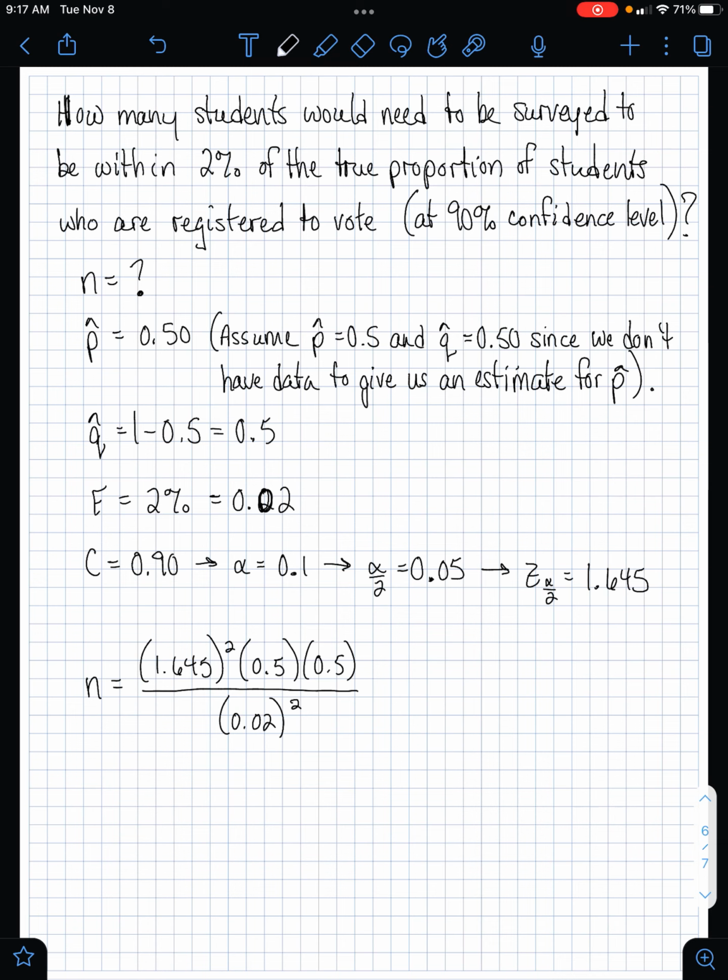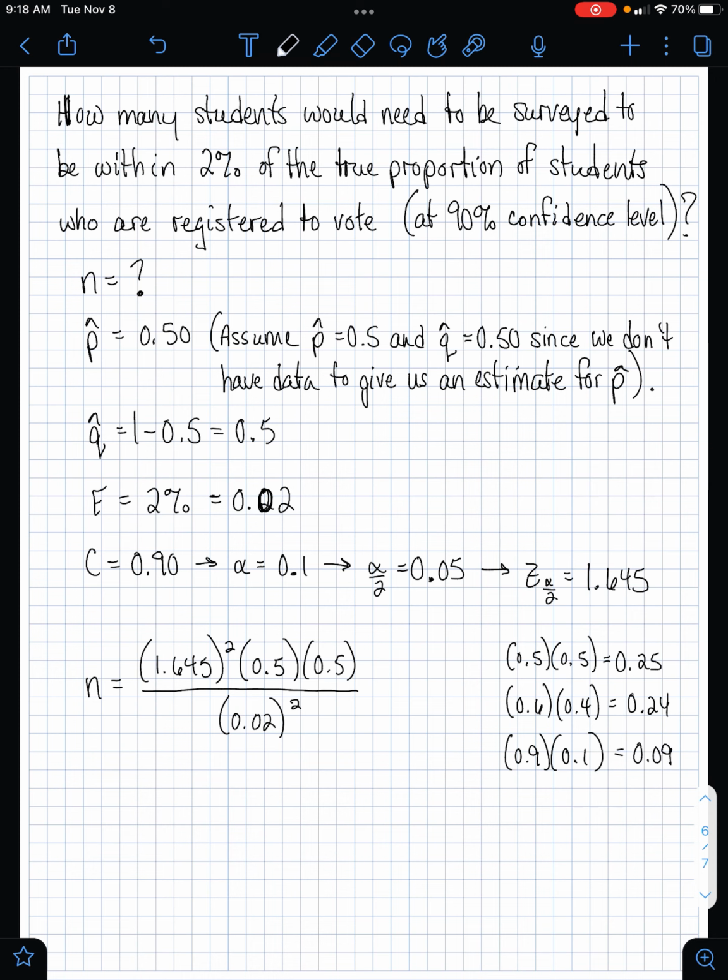Of all of the assumed values that we could have for p hat and q hat, when we multiply them together, having both of them be 0.5 results in the largest product. For example, 0.5 times 0.5 is 0.25. If I assume p hat to be, say, 0.6 and q hat to be 0.4, then I actually get 0.24. If I assume p hat to be 0.9 and q hat to be 0.1, then I get 0.09.